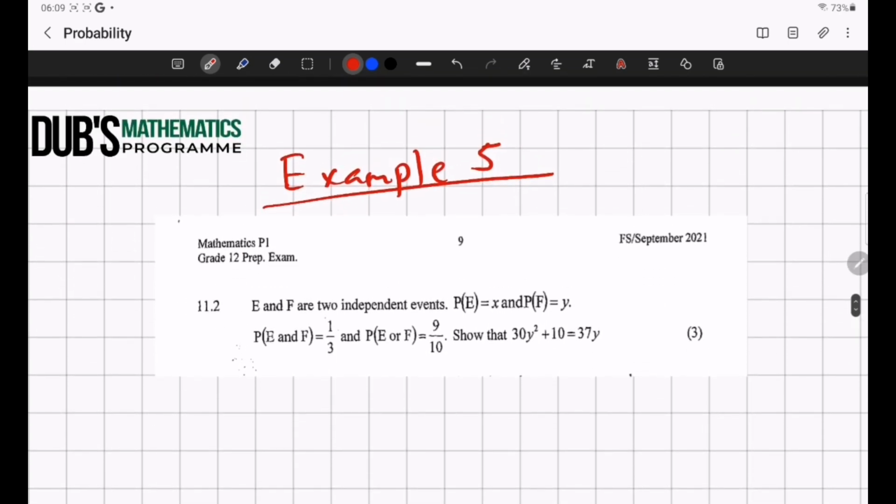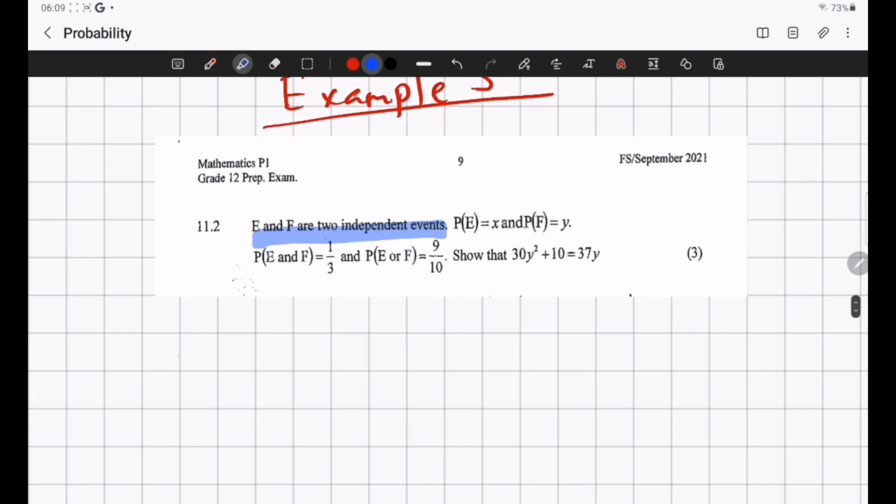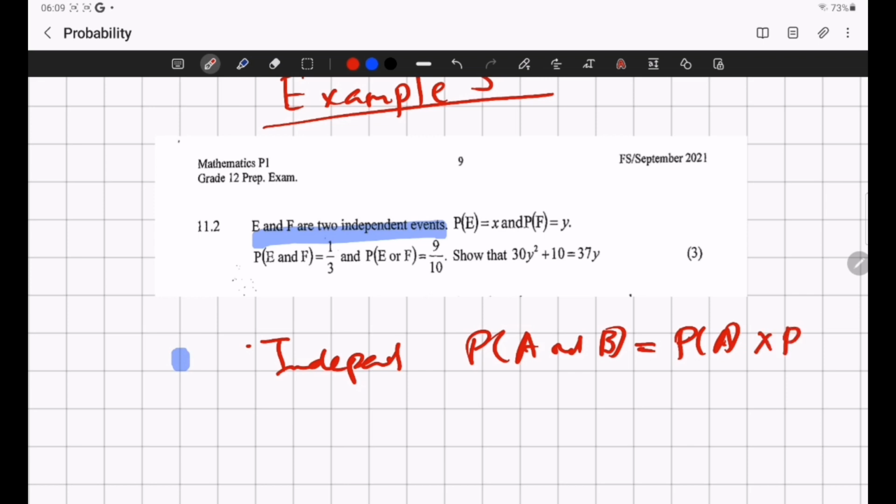Then last example, here we're given that E and F are two independent events. Before even looking at the rest of the question, write down your condition for independent. They are independent, which means that probability of A and B is probability of A times probability of B. But if they are mutually exclusive, it's going to be equal to 0.